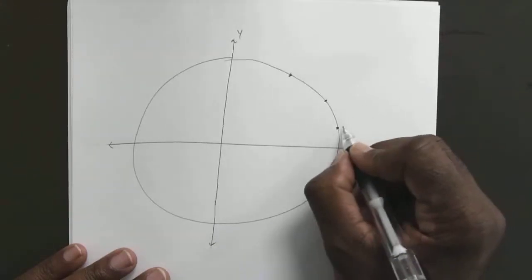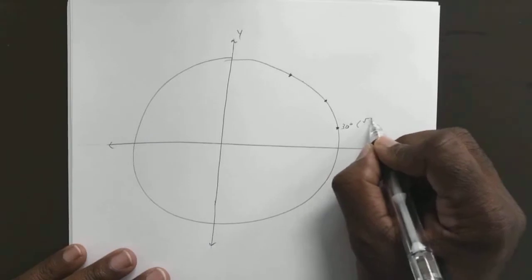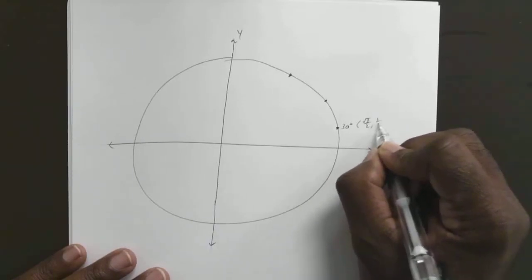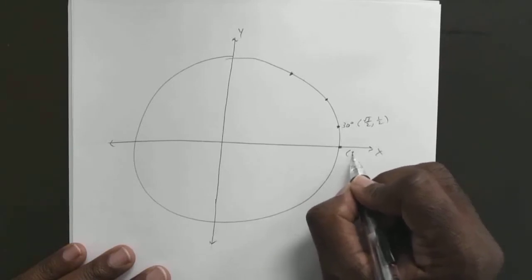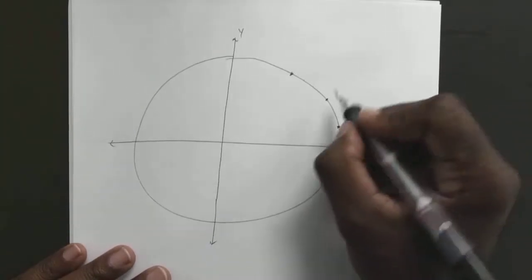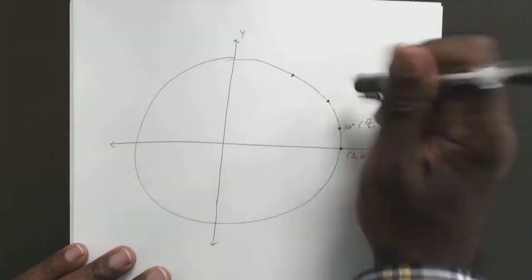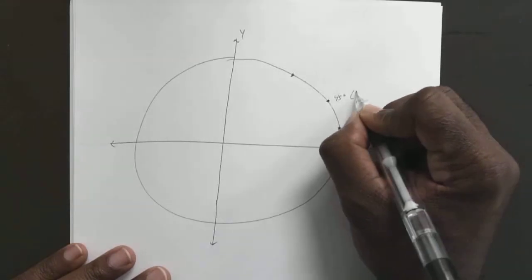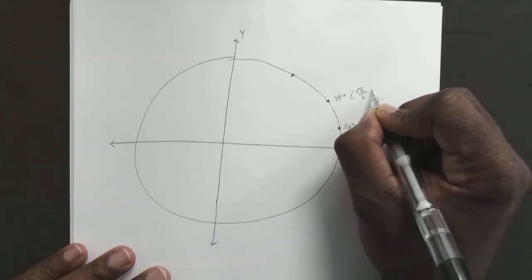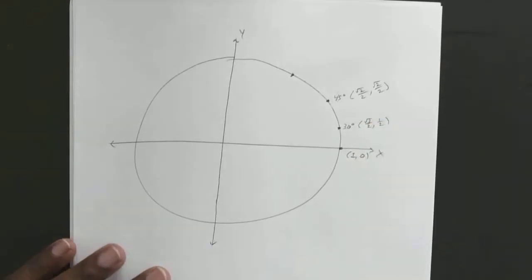Okay, so remember here, your 30 degrees or pi over 6: square root of 3 over 2, 1/2. And that's our 1, 0. Then at 45 degrees, it's square root of 2 over 2, square root of 2 over 2.